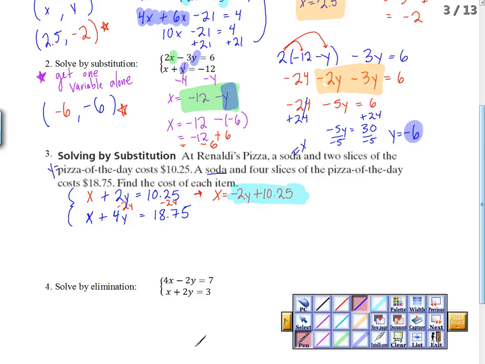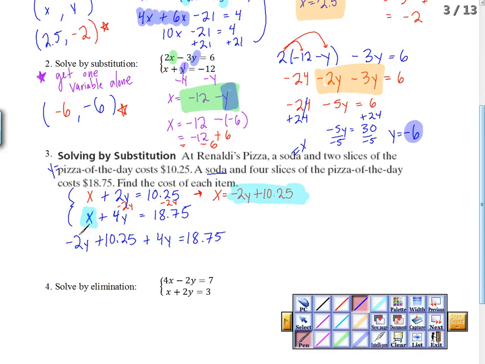You have to go into the x for the other equation. So I am substituting in here and replacing that x. So I get negative 2y plus 10.25. I didn't put this one in parentheses because this isn't multiplied by anything, so I don't have to worry about distributing it to both terms. And I have my plus 4y equals 18.75.